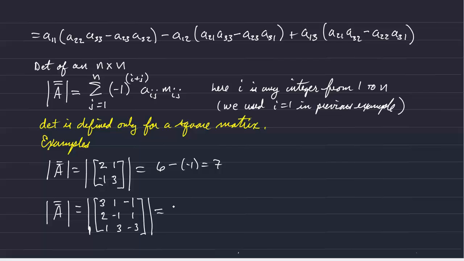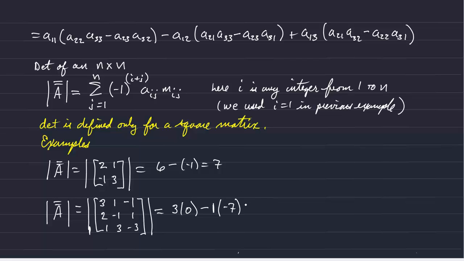In the second case, we have to multiply 3 times the determinant of this lower right submatrix, and that's positive 3 minus 3, which is equal to 0, minus 1, the second column of the first row, times the determinant of the matrix when we remove the first row and second column, so that's minus 6 minus 1, which is minus 7.